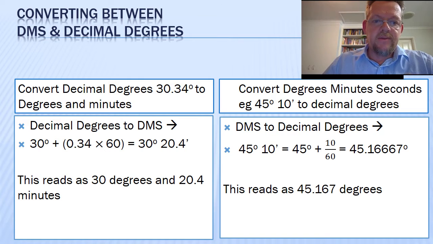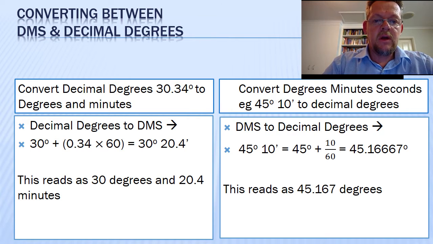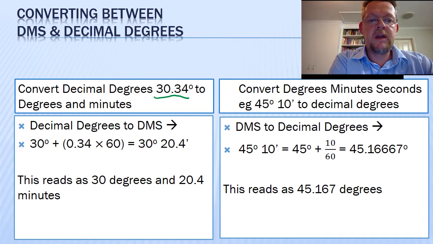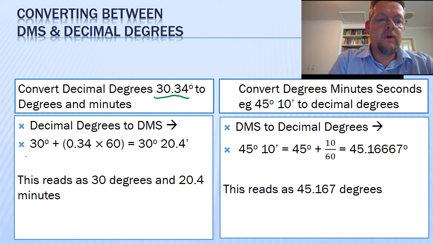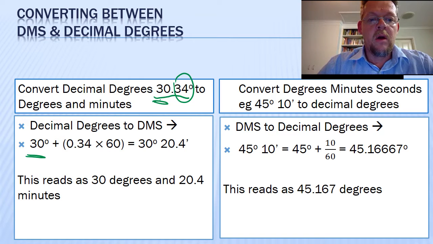So let's consider converting decimal degrees to degrees, minutes and seconds. In this case, we're not going to need to worry about the seconds as a fraction of a degree. For the scope of this course, we're just going to think about degrees and minutes. So if I want to convert 30.34 degrees into degrees and minutes, I've got a whole 30, I don't need to worry too much about that, but the worry is that 0.34 part of a whole degree.